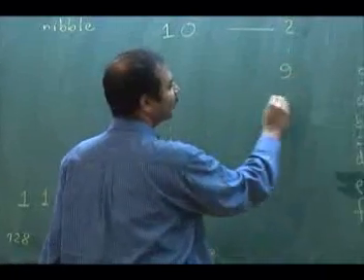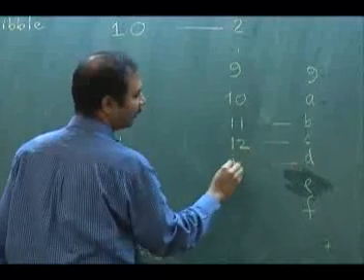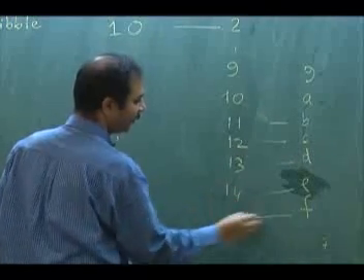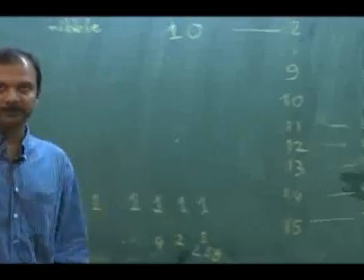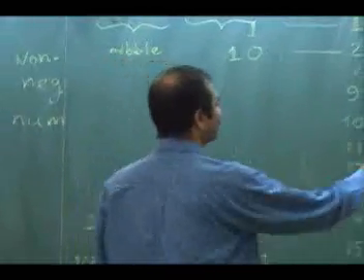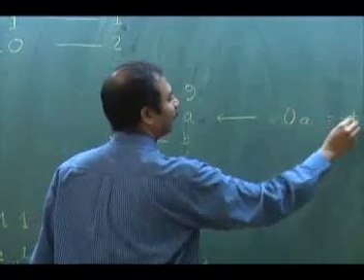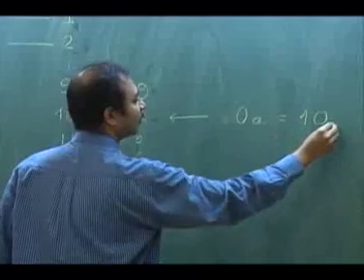So up to 9 is standard, A is 10, B is 11, C is 12, D is 13, E is 14, F is 15. Okay. So in this system, if I write 0A, that number corresponds to just 10. That is 0A. 0A hex is equal to 10 decimal.